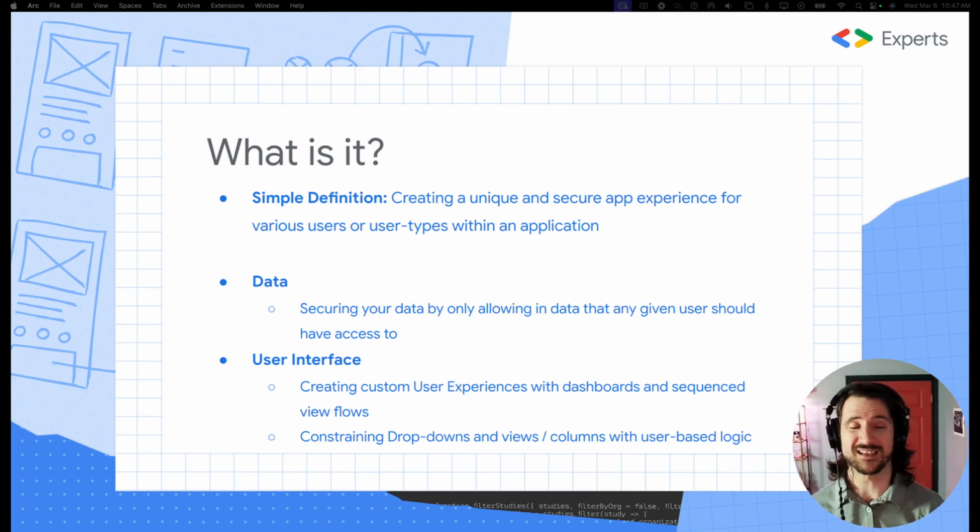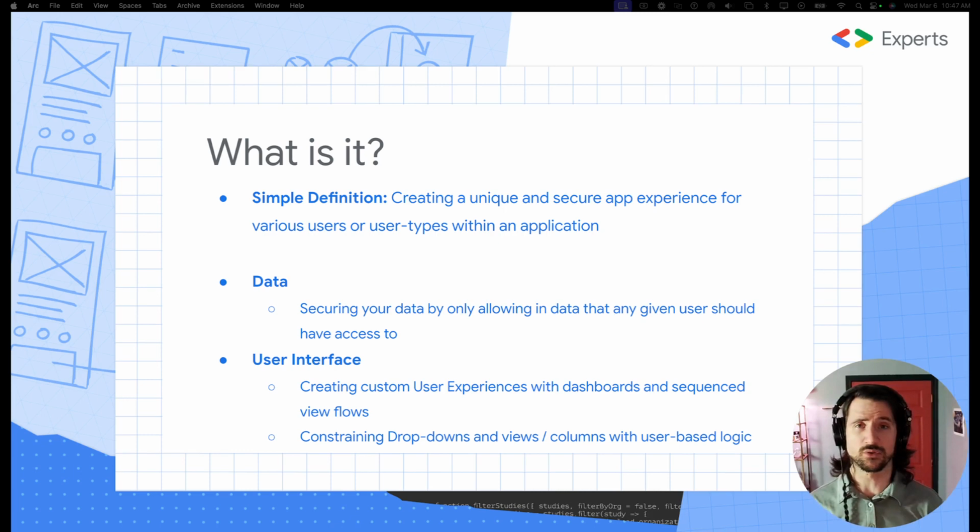And the second is going to be a sequenced view flow. So this is a sequence of views that a user is going to navigate to in succession. And as you go through that flow, it's going to dynamically filter data for them or take them to a maybe intuitive but not necessarily orthodox destination from what you may be used to as an AppSheet developer.